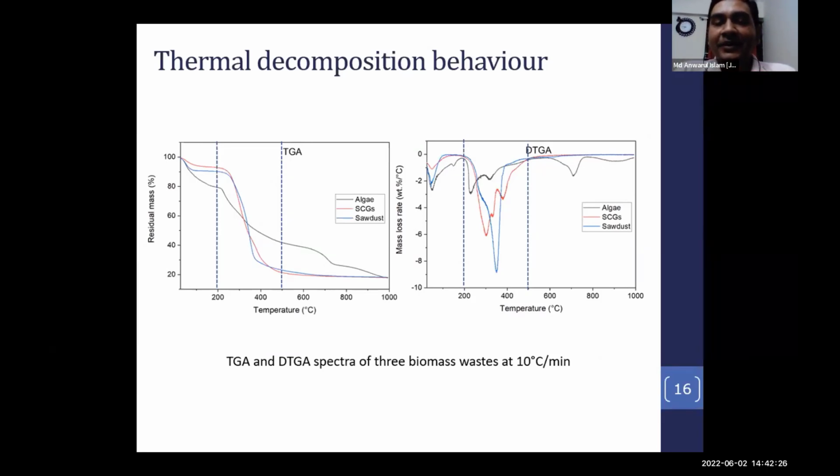On the other hand, algae has different ups and downs because of its different percentage of lignin, and because it is seaweed, it has mineral residue inside. But still we can see that 200 to 500 degrees is the main decomposition area for all three biomasses.